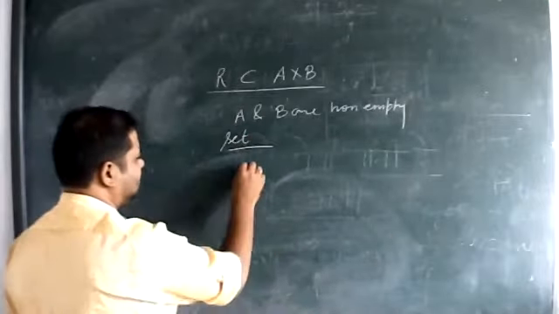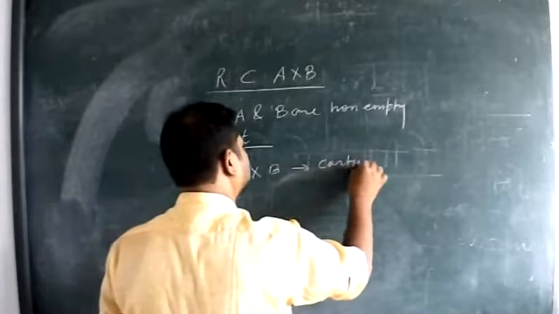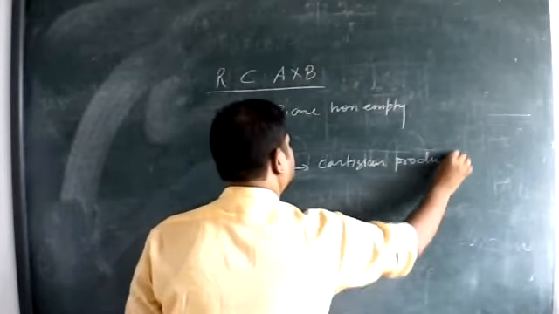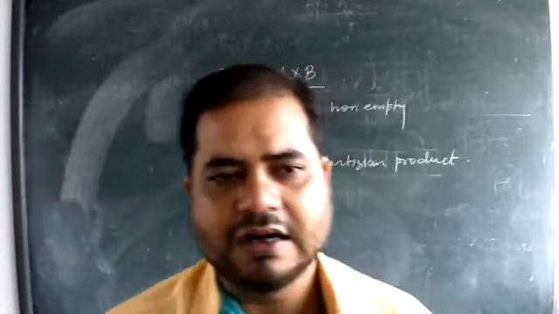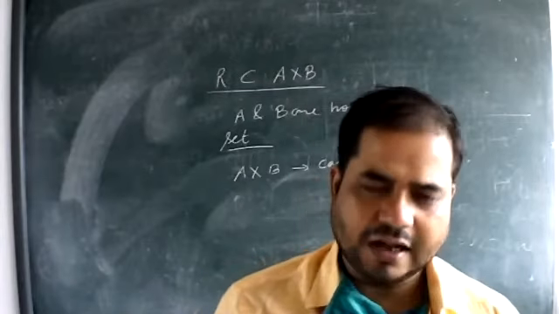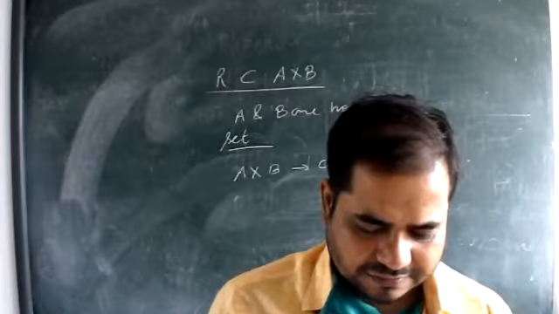A cross B is nothing but the Cartesian product. जो रिलेशन होता है वो कार्टेशियन प्रोडक्ट का ही एक सबसेट होता है. Okay?